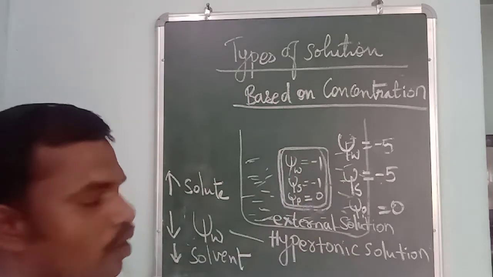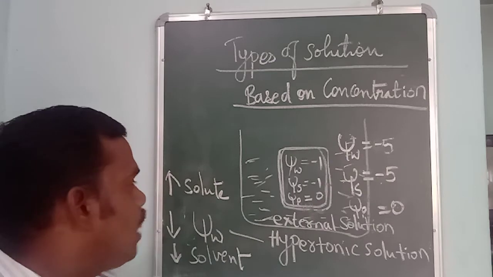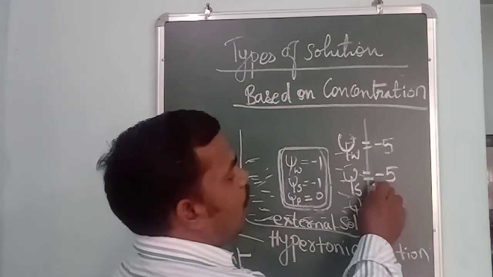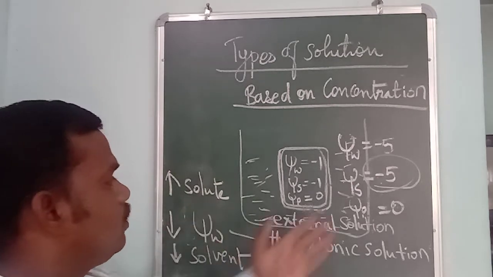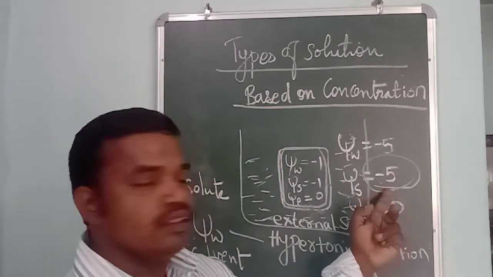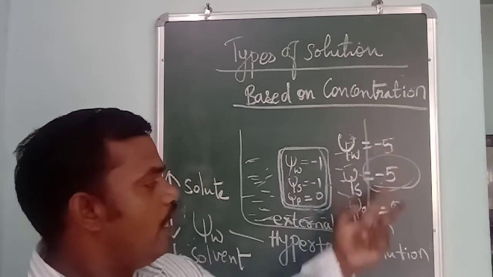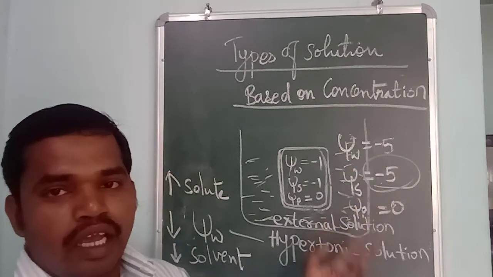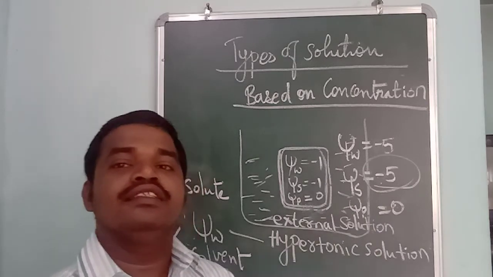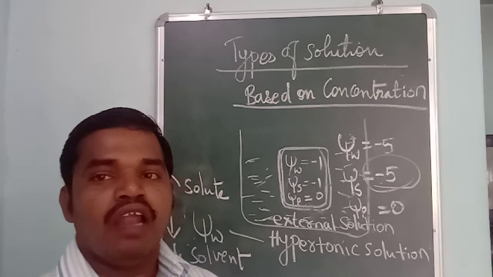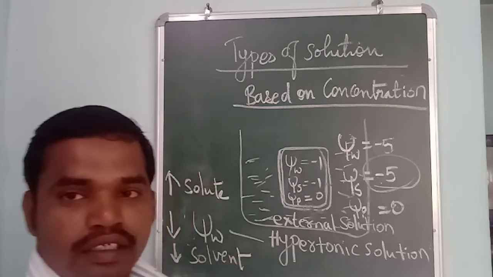What will happen now? Outside, this external solution has high solute molecules but low water potential and low solvent. So thereby what will happen, it will attract the solvents from the surroundings, from the other solutions.